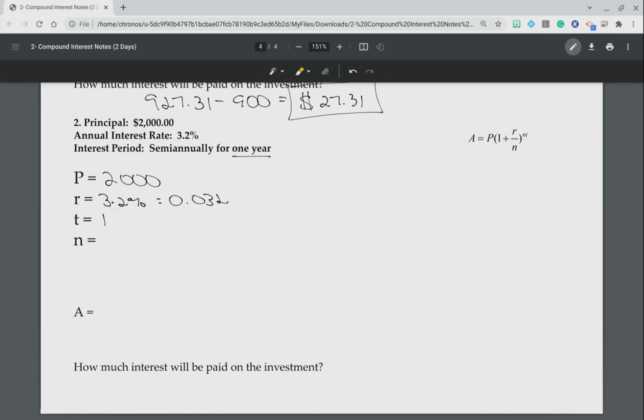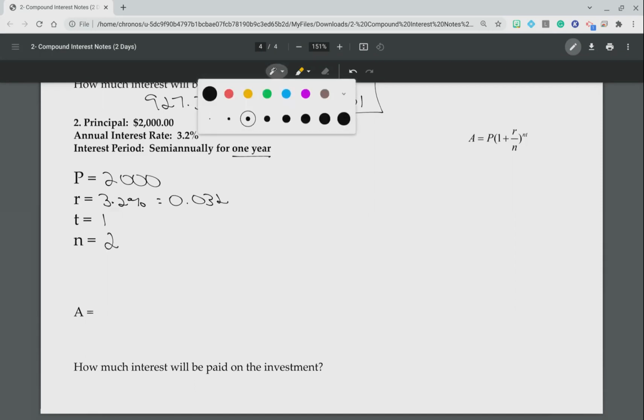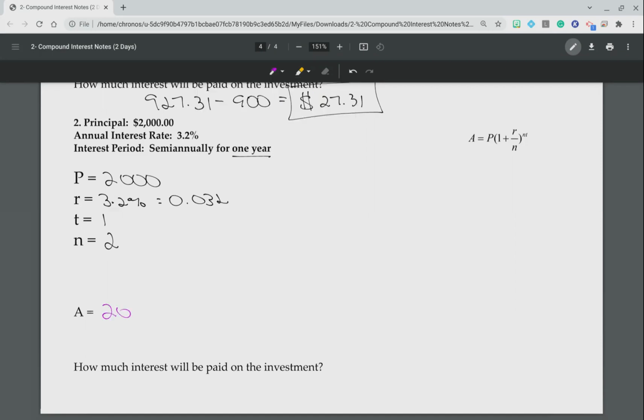And remember, semi-annually means twice a year. So let's plug that into our formula. 2,000 times 1 plus R, 0.032, divided by N, which is 2, raised to the N times T, so 2 times 1.